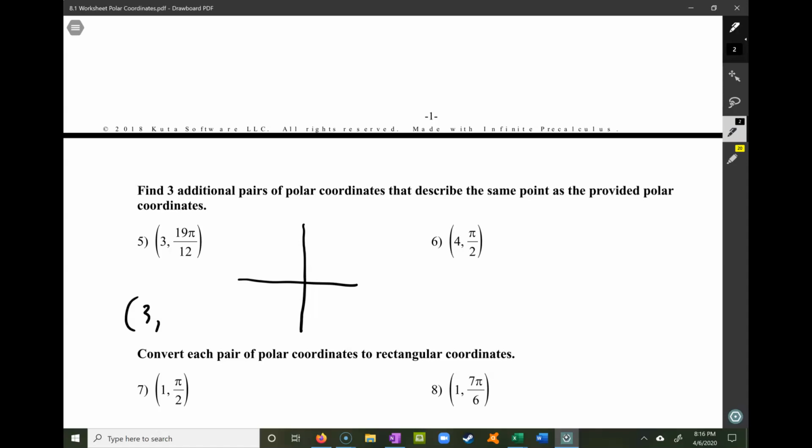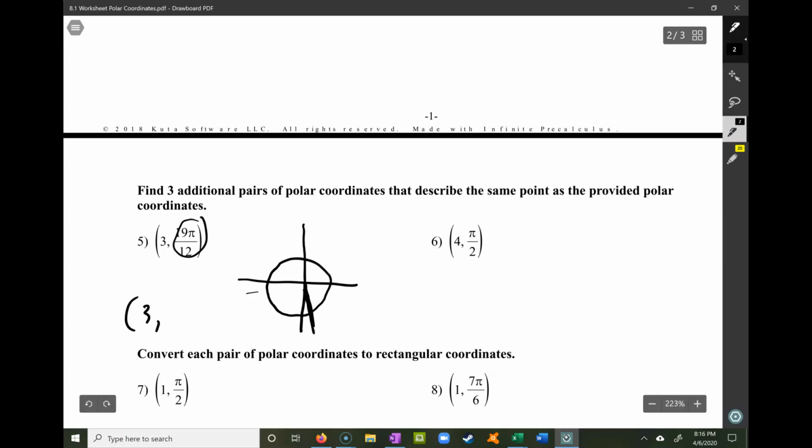I could do 3, and then I could just add or subtract 2 pi from this, because if I'm at 19 pi over 12, that's like what? That's 12 pi over 12, 13, 14, 15, 16, 17. There'd be 6 of them there. So yeah, that'd be right out here somewhere, right? So if I add 2 pi to this, it's just going to come all the way around and land me right back there.